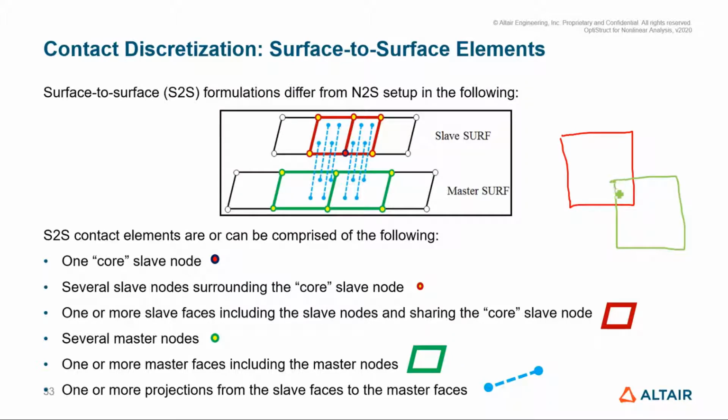Because this is surface to surface, and this node projects down, it can still find a master surface, so the contact will still be established. Even though the rest of this area cannot find the master, as long as one of it can find, then because this is surface to surface, it will generate that contact.